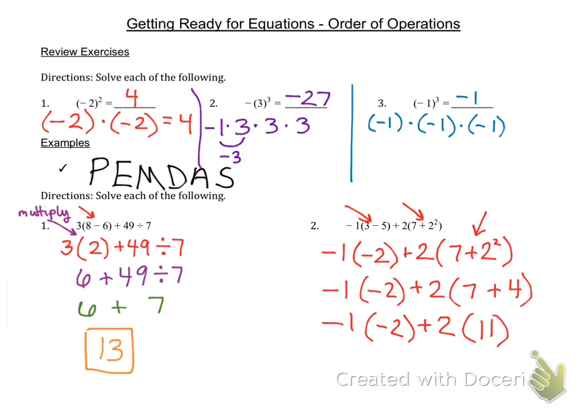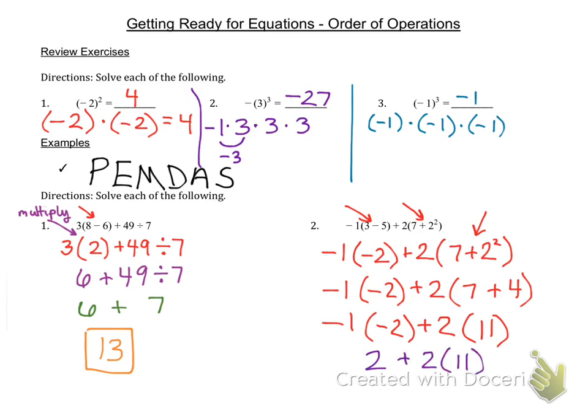Okay. Next step, are there any exponents? No, we did that. Is there any multiplication or division? There's actually two multiplication problems. There's that negative 1 times a negative 2, and there's 2 times 11. So I have to go from left to right, so I'm going to do negative 1 times a negative 2 first, which is 2, plus 2 times 11.